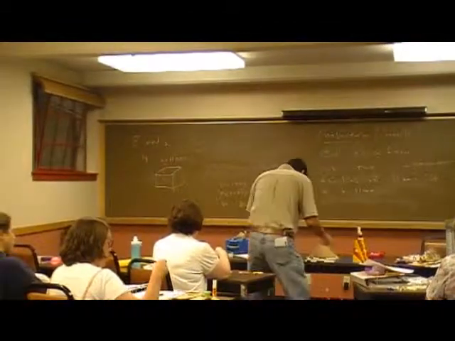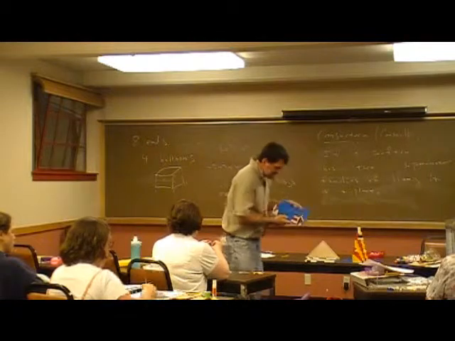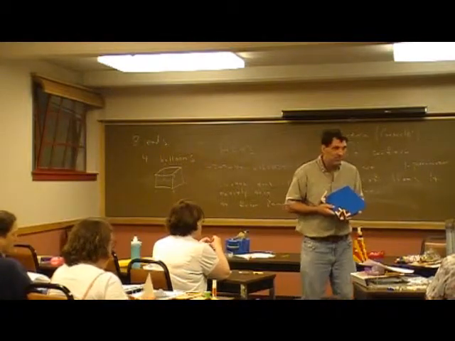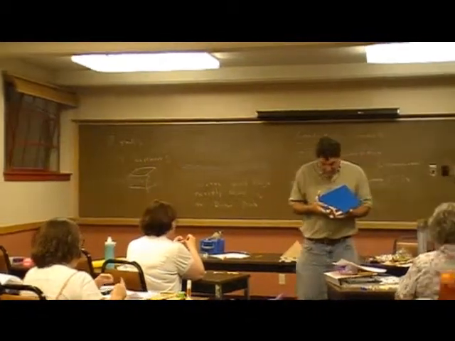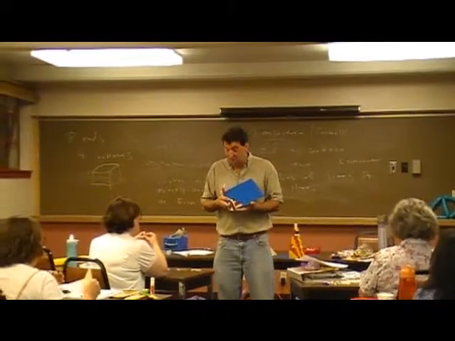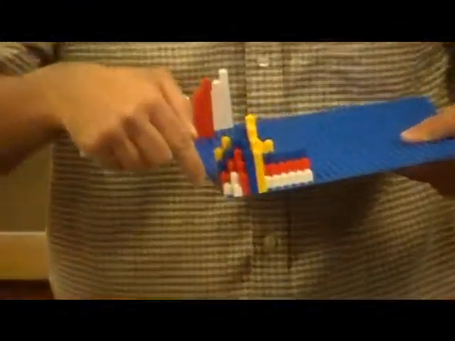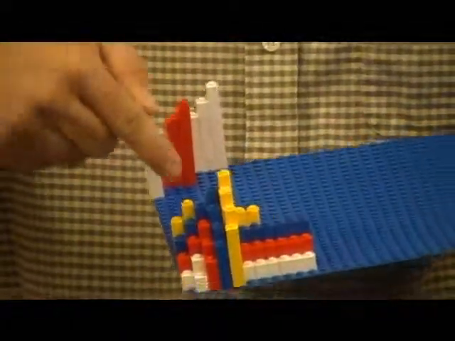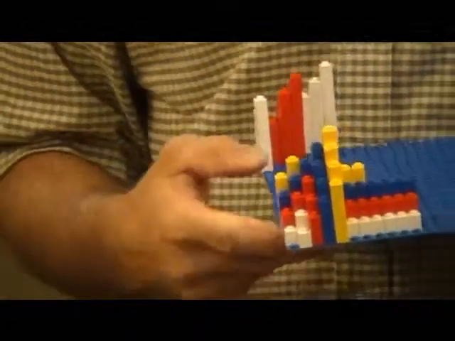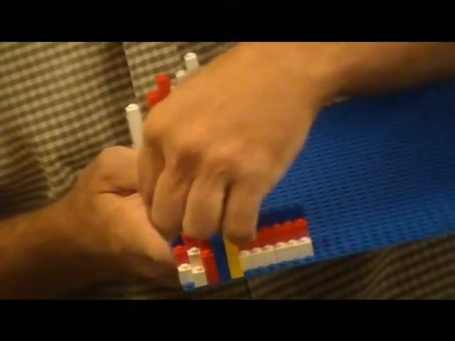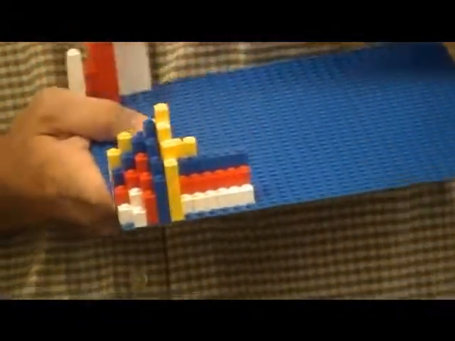And I love the way that Lise was building her addition table. She already started looking at a neat pattern. Let's do these guys, the 1 pluses. Let's do the 2 pluses. Let's do the 3 pluses, where she's grouping together the white ones, the red ones, the blue ones.